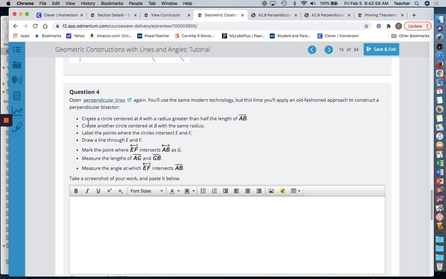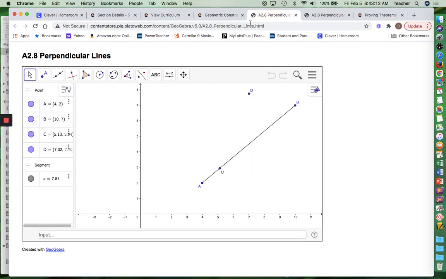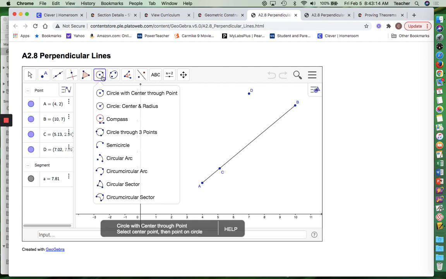All right, so it says create a circle centered at A with a radius greater than half the length of AB. So we're going to make a circle centered at A, and it has to go more than halfway over to B. Okay, so I'm going to make a circle.